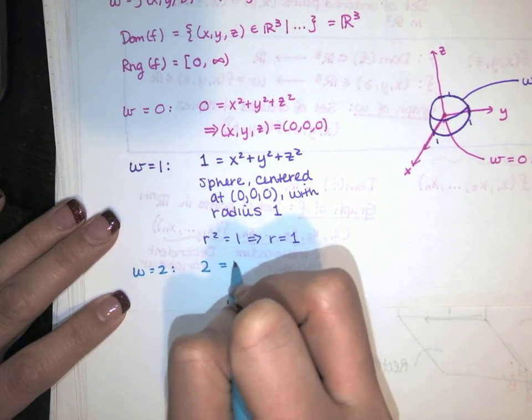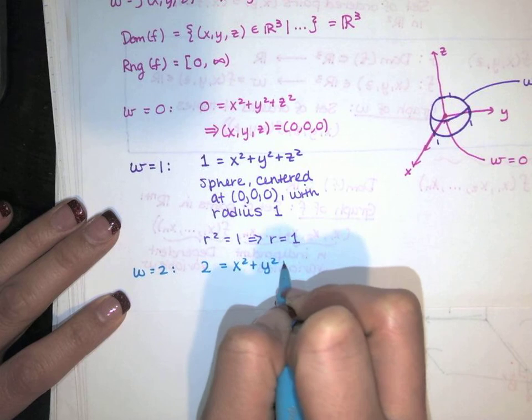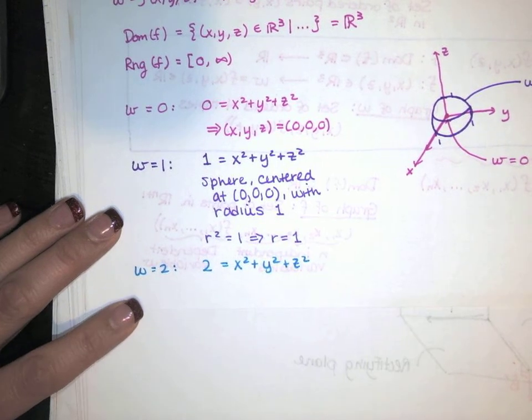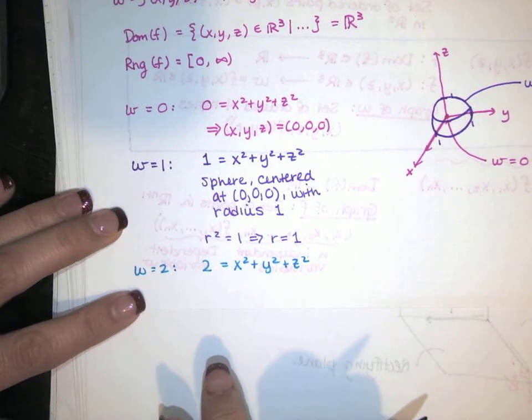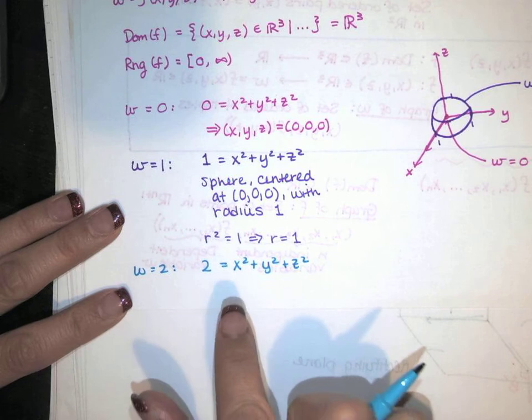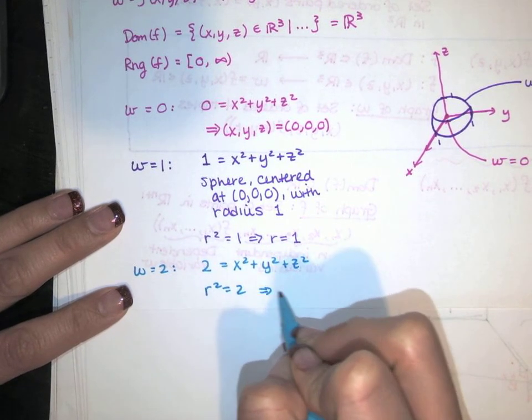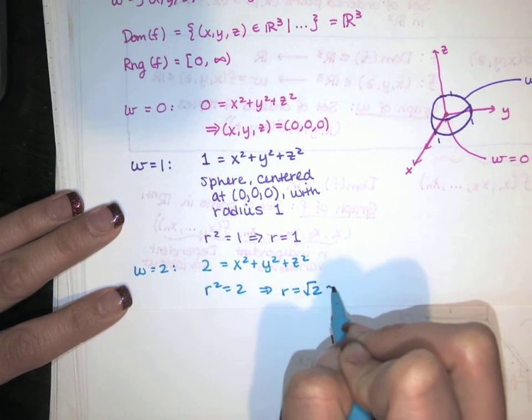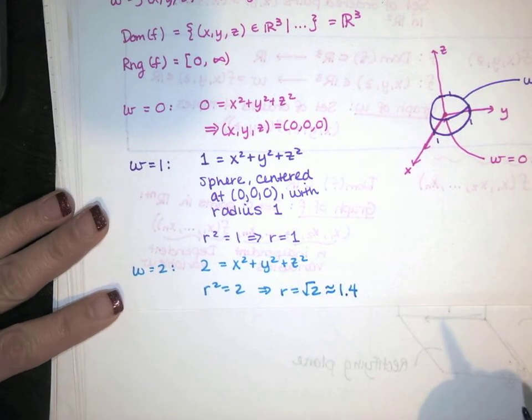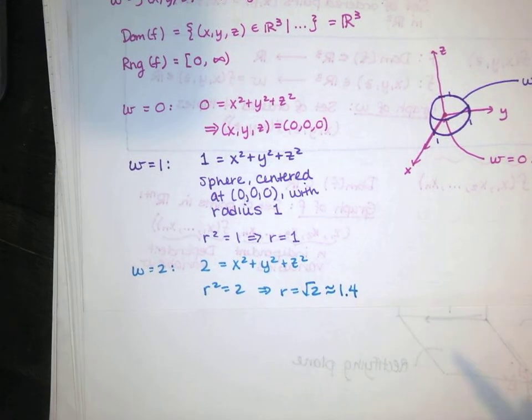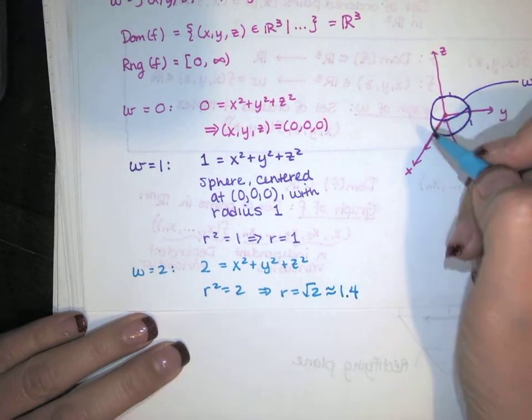I've got 2 equals x squared plus y squared plus z squared. That's another sphere centered at the origin, but now its radius is a little different. R squared is 2, so r equals square root of 2, which is approximately 1.4. So I'm going to go out.